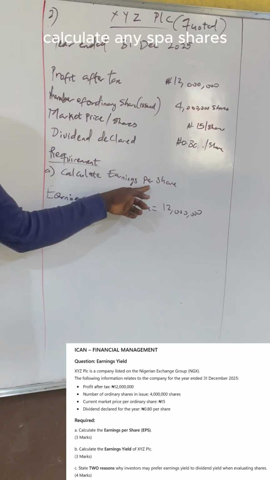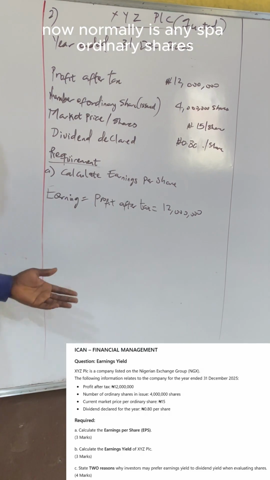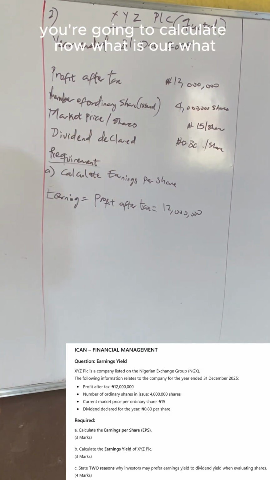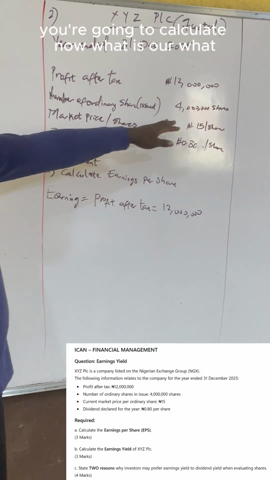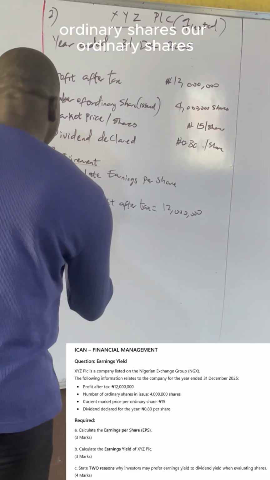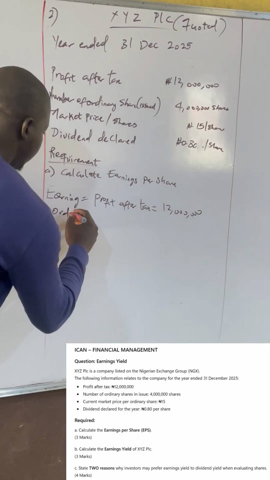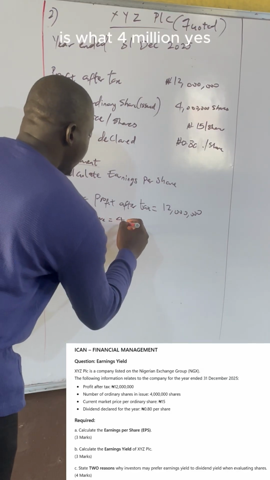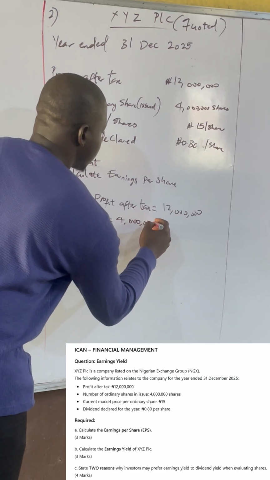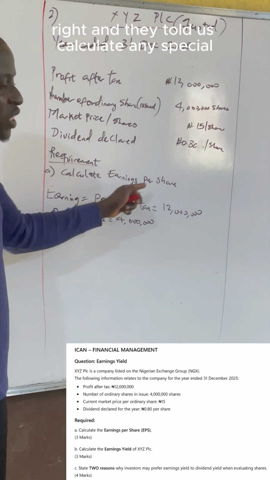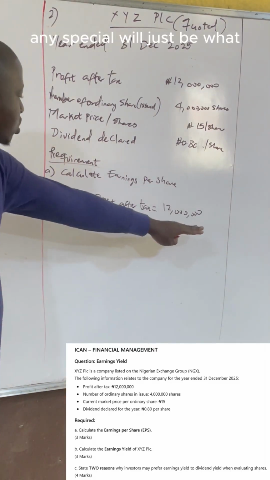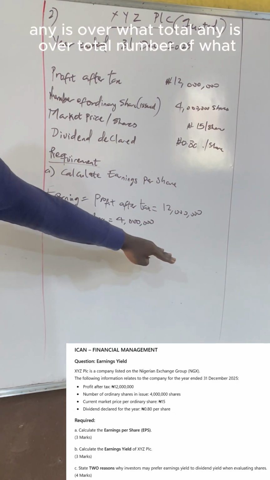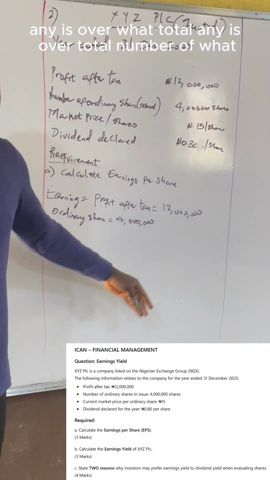Calculate earnings per share. Normally it's earnings per ordinary share we are going to calculate. Our ordinary shares are 4 million, right? Earnings per share will just be total earnings over total number of shares.